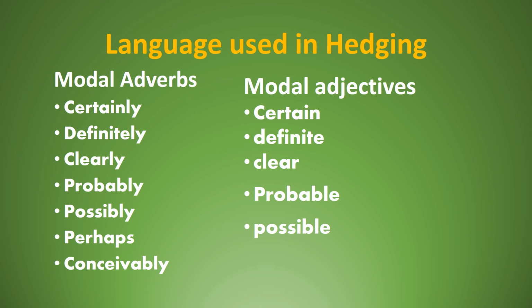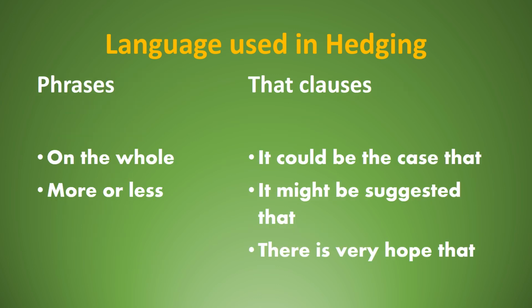Also modal adjectives like certain, definite, clear, probable, possible. Also phrases like on the whole, more or less, and lastly that clauses: it could be the case that, or it might be suggested that. So those are some words or phrases that might be applicable in terms of hedging.